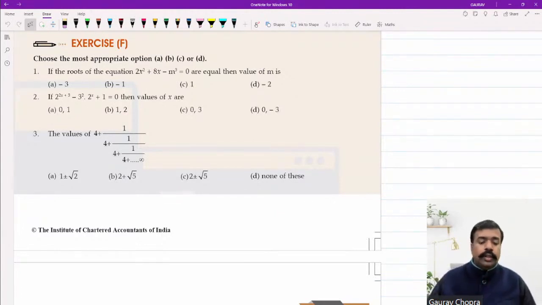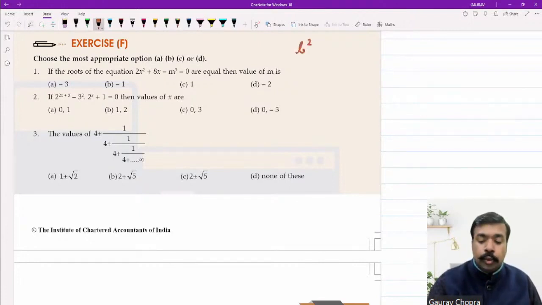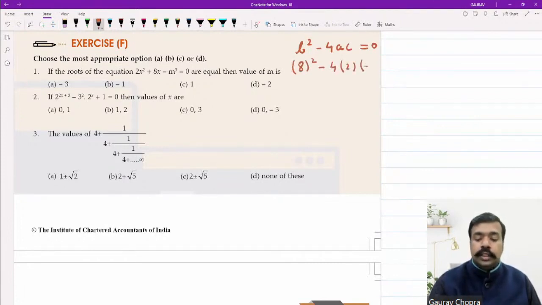So now what can be done? Roots are equal. So we know that whenever the roots are equal, then b square minus 4ac is equal to 0. So what is the value of b? It is 8. So 8 square minus 4a, and then what is c? c is m minus m cube, and this is equal to 0.